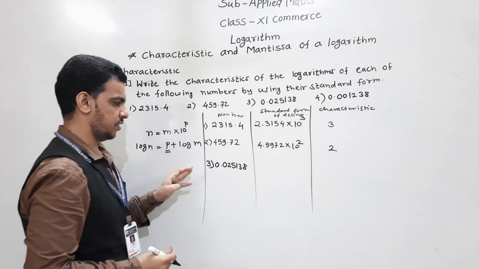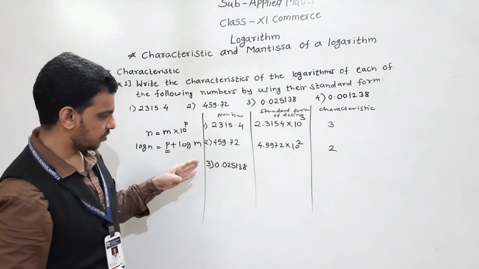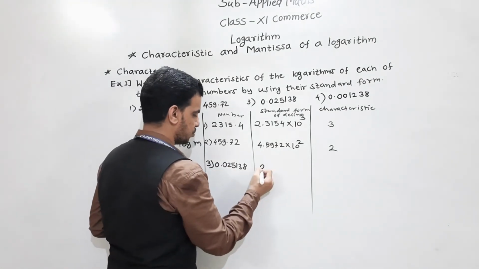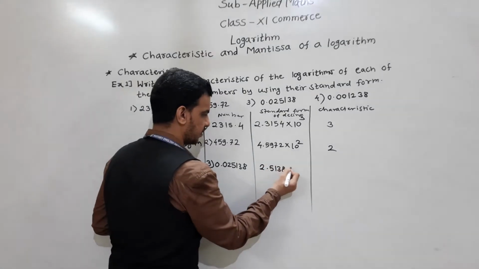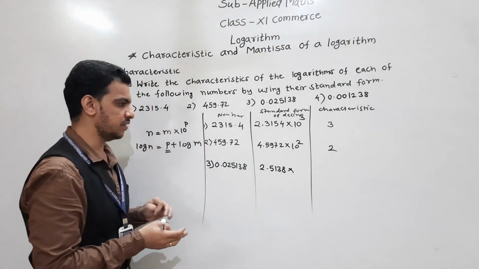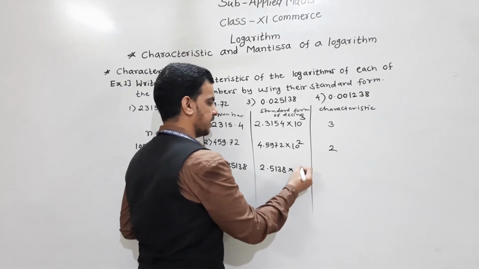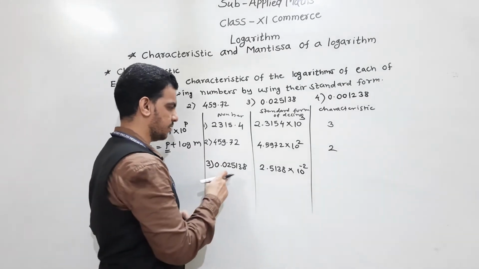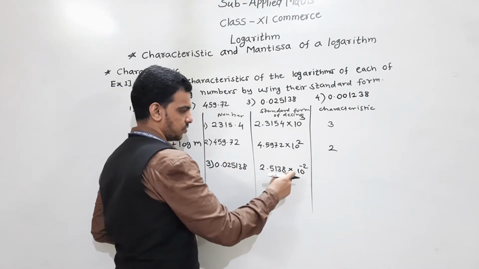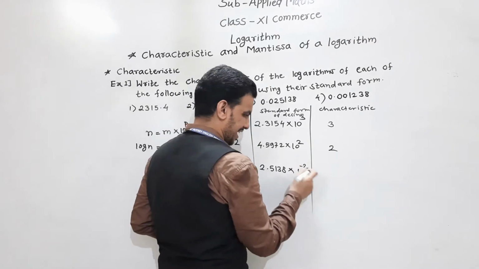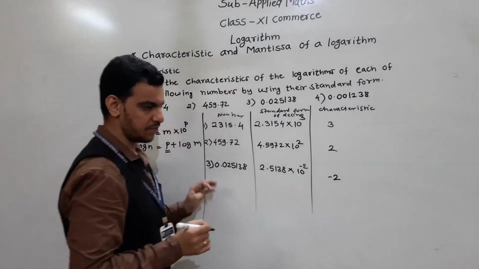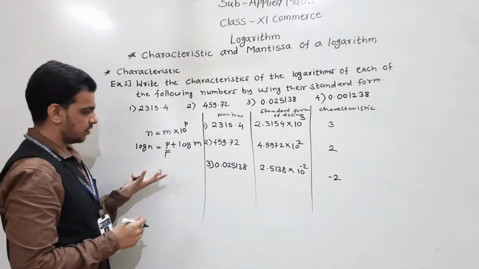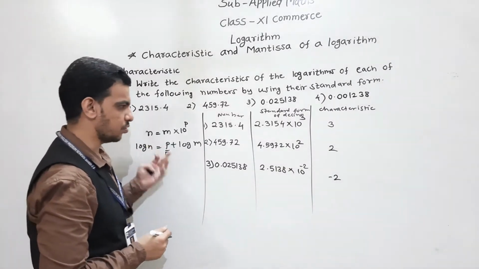Now we have to shift the decimal point 2 places to the right side, so it is 2.5138. If we shift to the right side, we have to multiply by 10 raised to a negative power of the number of places we shift. So 2 places, it is 10 raised to minus 2. So the characteristic is minus 2. So this characteristic is an integer, it can be negative, positive or 0.